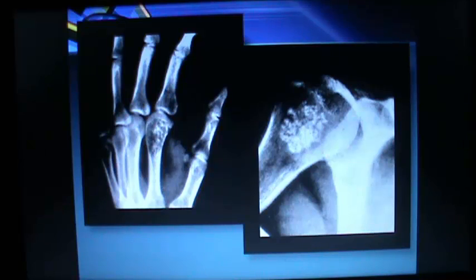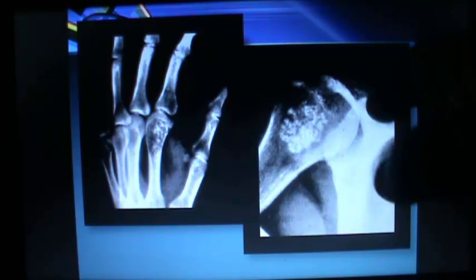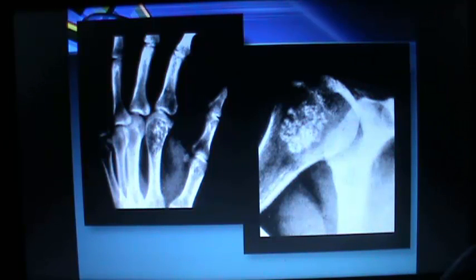These are examples of chondroma, which we call enchondroma, because it is inside the bone. And if you remember the calcification in a fibroid, it gives something similar to that image on the right, mottling.